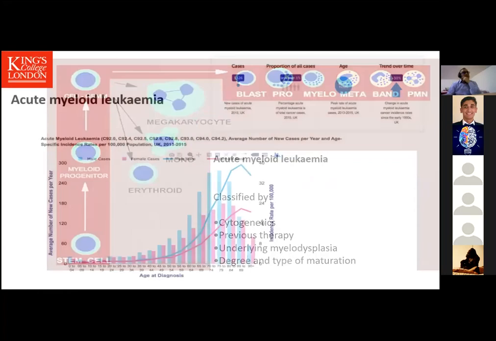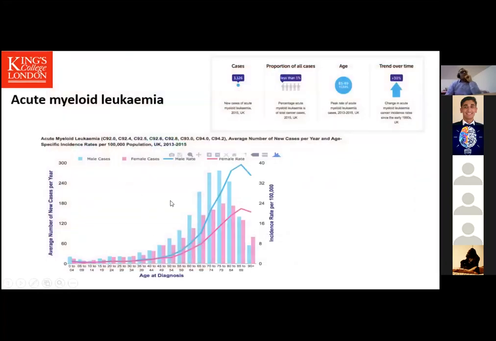This is something about the incidence of AML. As you can see, the incidence of AML grows with age, and the majority of the patients are above 60.